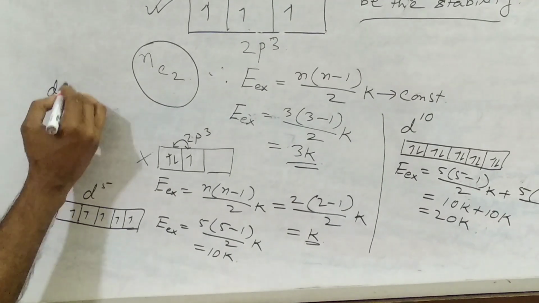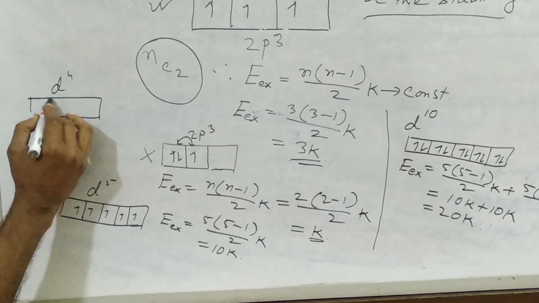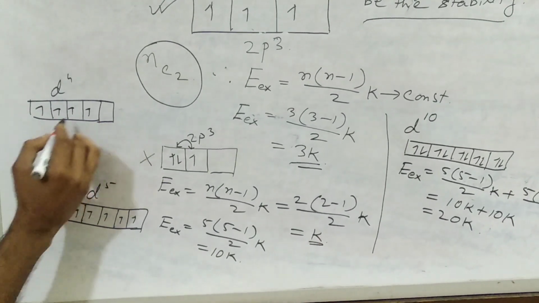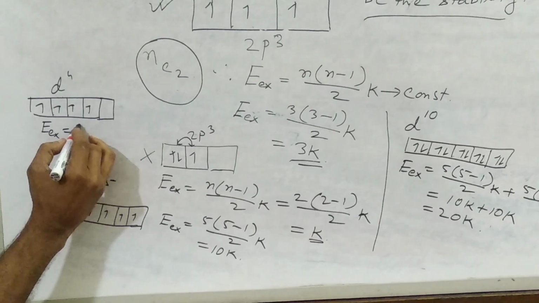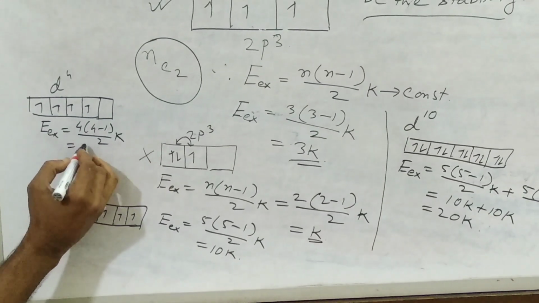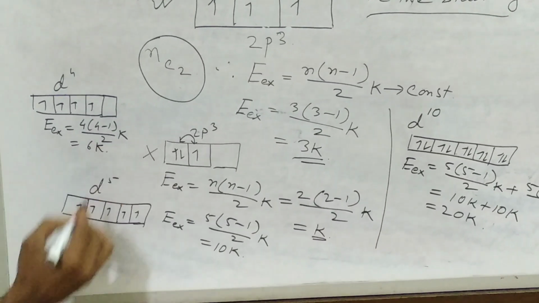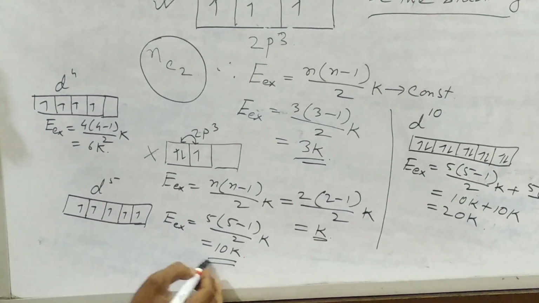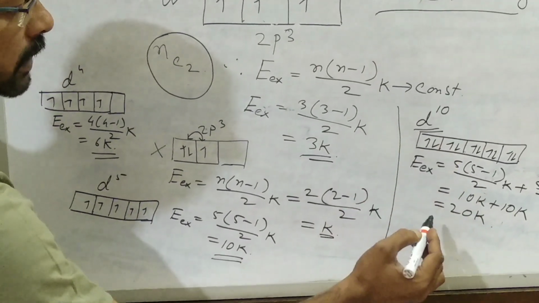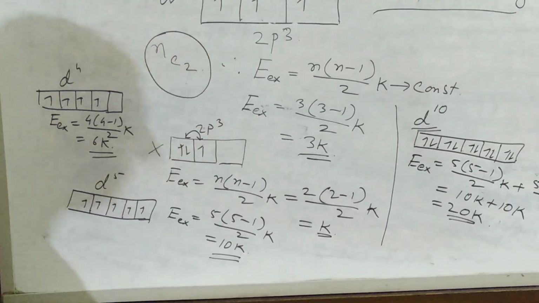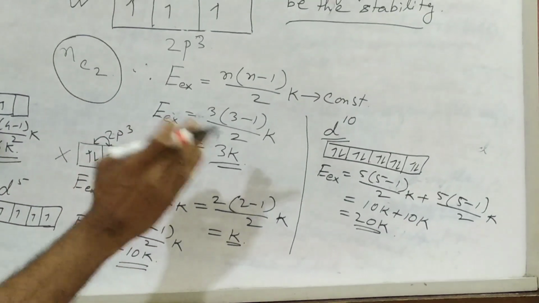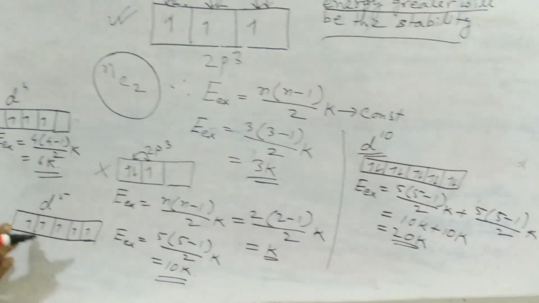In case of d4, the exchange energy is given by 4 into 4 minus 1 by 2 k, which turns out to be 6k. So here you see d5 configuration is more stable than d4 configuration, whereas the completely filled d orbital is even more stable with the exchange energy of 20k. That's why d10 configuration is more stable than d5, that is half filled. Completely filled d orbital is more stable than half filled d orbital, which is in turn more stable than d4 configuration.